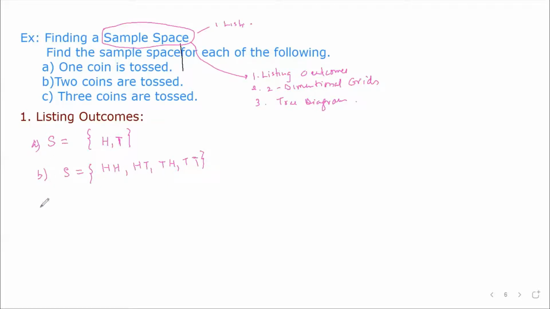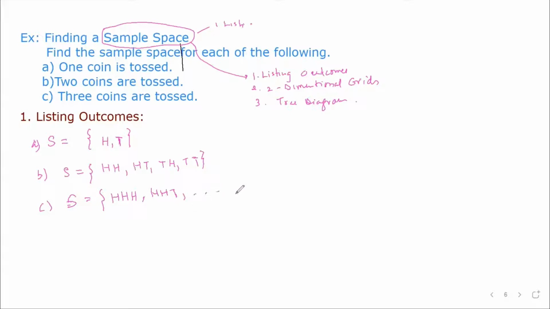Question C: for three of them, the sample space is going to be head, head, head, right? And then head, head, tail. You keep listing there. How many will there be? It should be 8, right? Because 2 to the power 3 becomes 8.